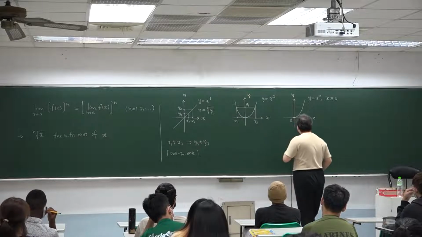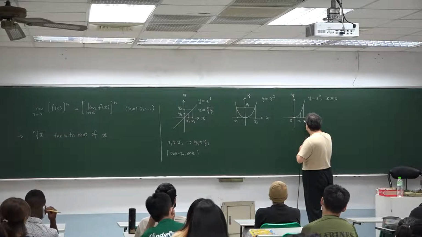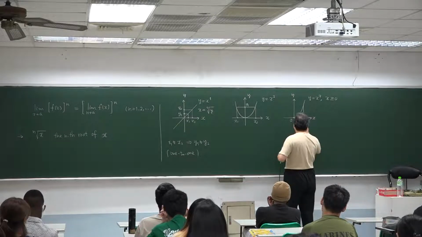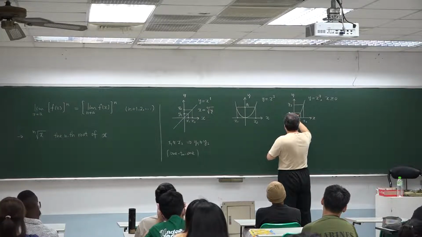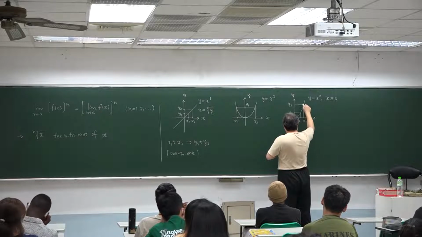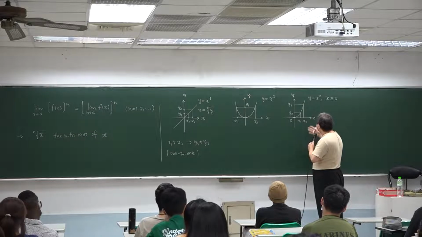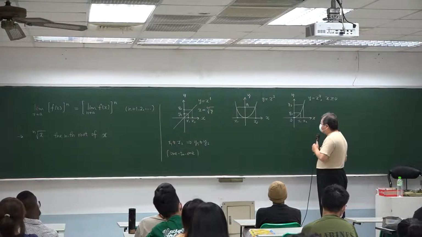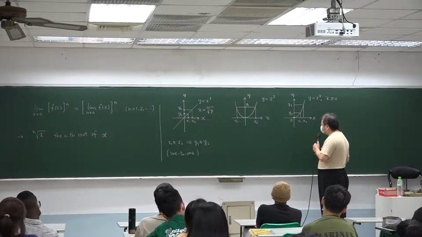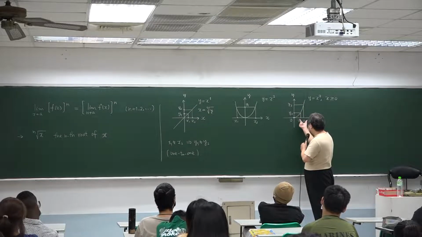This function, if we have two different values here, the corresponding values are also different. Now this function is a one-to-one function. In this case, the inverse relation is also a function, because if these two numbers are the same, these will be the same.